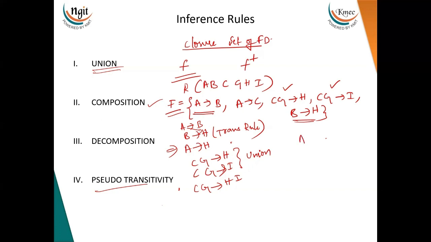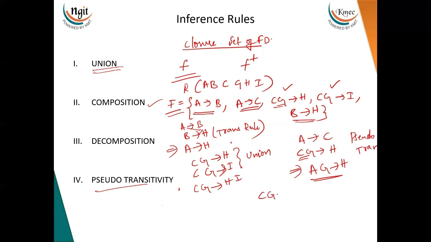Now I'm going to take one more, that is A tends to C. Let us see whether we are able to identify a new functional dependency from this. Another thing which we have here is CG tends to H. What can I write from this? As A is determining the value of C, this particular C can be replaced by A. AG tends to H. Can I write like this? Yes. So this functional dependency is derived from which rule? Pseudo-transitivity rule.